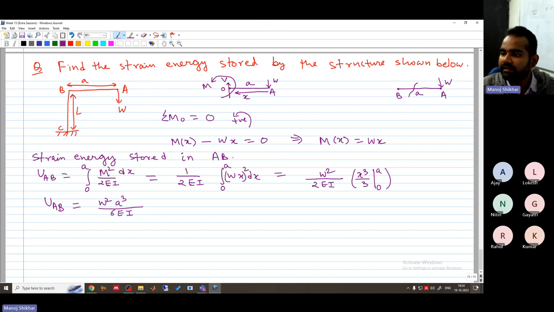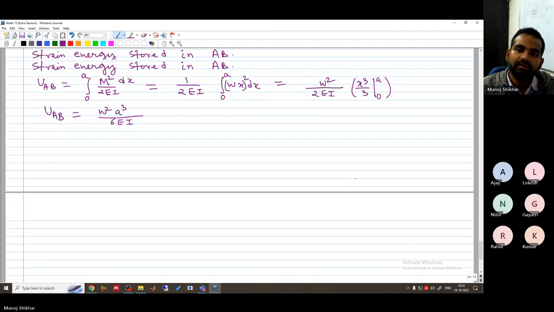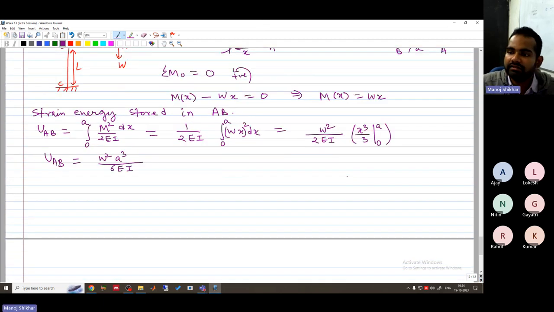Now we will do a similar analysis for BC and find the strain energy stored. For BC, this length is L. So let's have a cut.